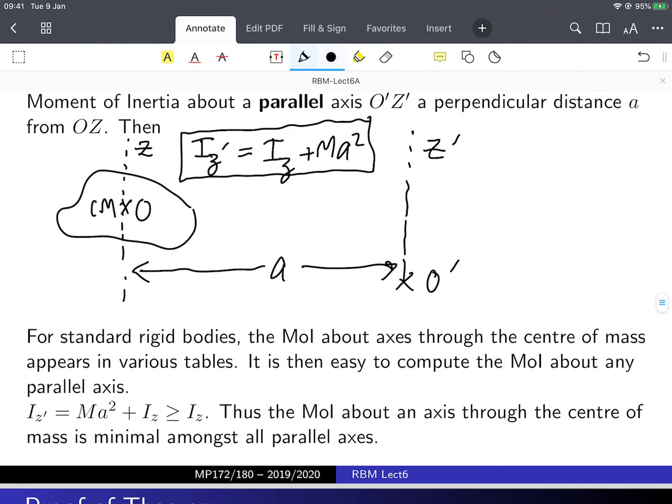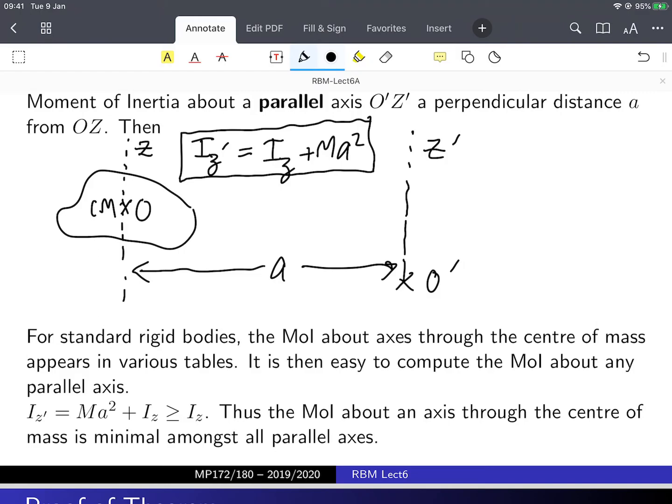Like I just told you, those moments of inertia through the center of mass you'll find in books, in tables. It's rarely asked to memorize them or to calculate them. And then, using the parallel axis theorem, you can find it with respect to any axis. Well, parallel ones at least.